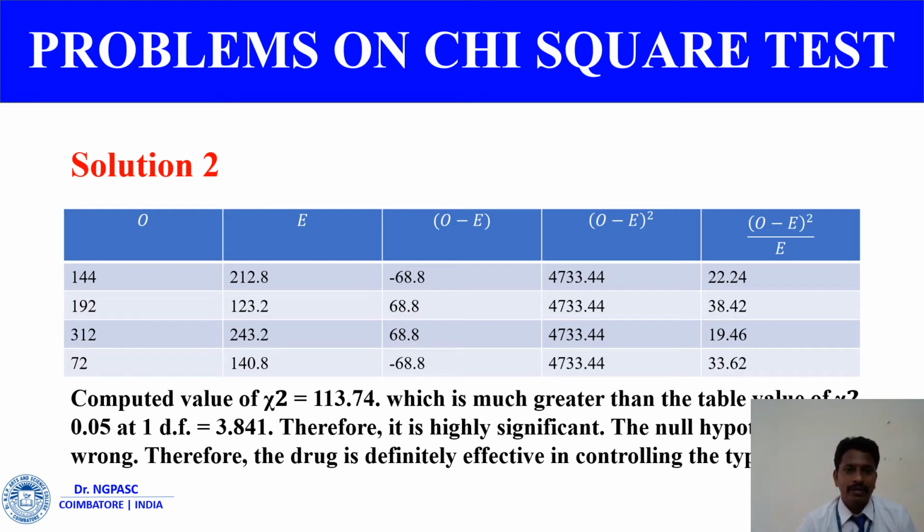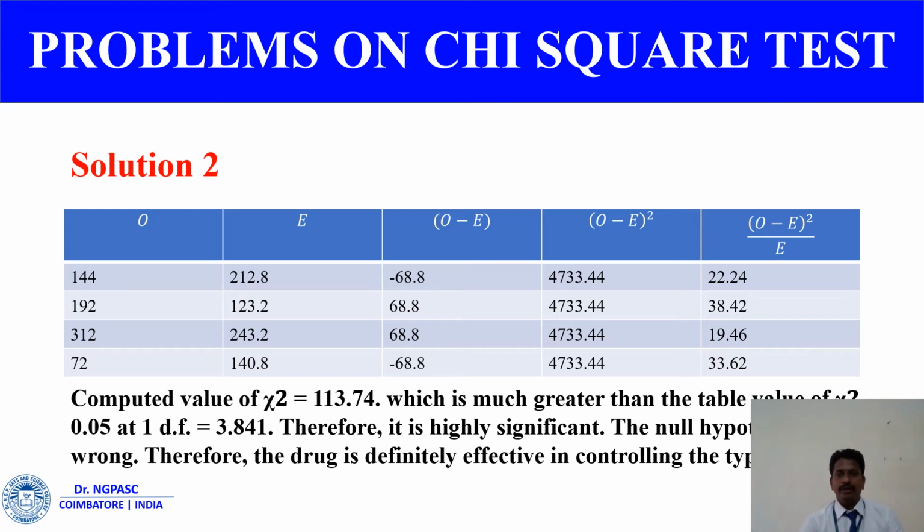144 minus 212.8 equals minus 68.8. 192 minus 123.2 equals 68.8. 312 minus 243.2 equals 68.8. 72 minus 140.8 equals minus 68.8.